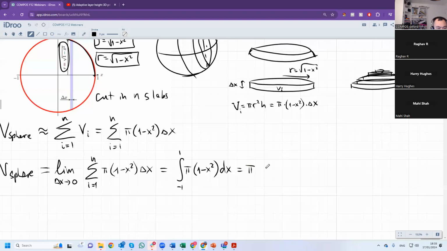So pi, and then x minus x cubed over 3 between limits -1 and 1. And you go pi.